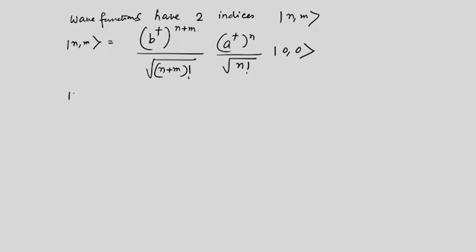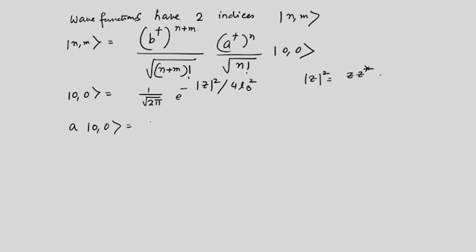So, 0 0, what we have written down earlier, is a simple Gaussian. Now we are writing the normalization, which is equal to exponential minus mod z square by 4 lb square. Once again, just to remind you that this is equal to a function of z and z star. Of course, this state 0 0 obeys a acting on it equal to 0, and b acting on it equal to 0.